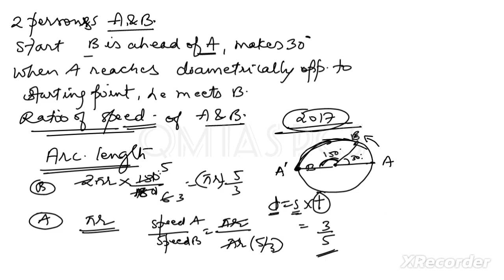Sorry, I think I have made one mistake here. The total angle was 360, so we have to consider 360 here, not 180. So this should be 360. When you divide this, 0 will be cancelled out, and by 3 this will be 5, by 3 this will be 12.